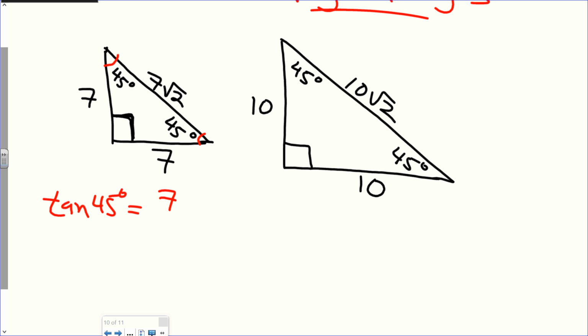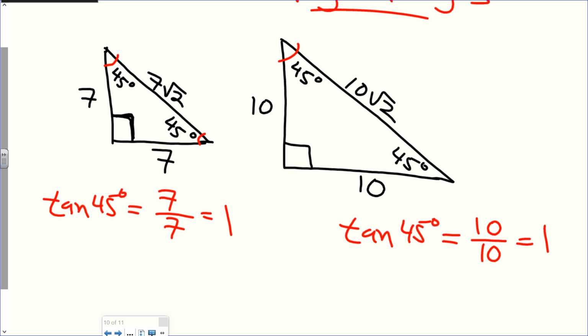Thank you. What's adjacent to 45? So what does that become? 1. Thank you. Let's do the tangent of 45 over here, the big one. Opposite of 45? Adjacent? Equals 1.